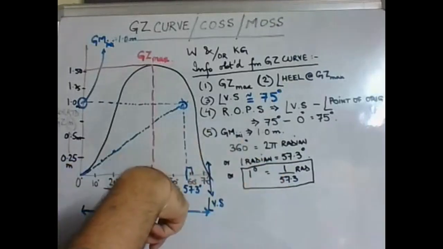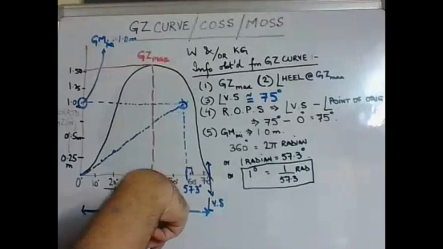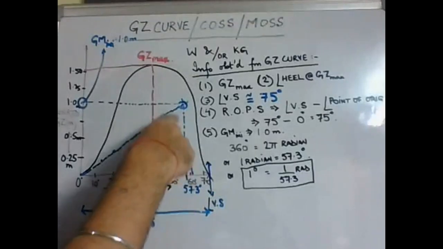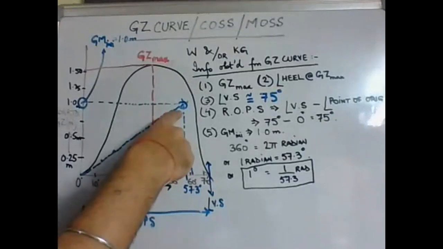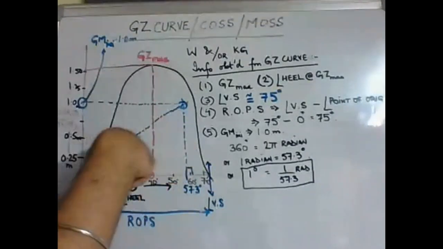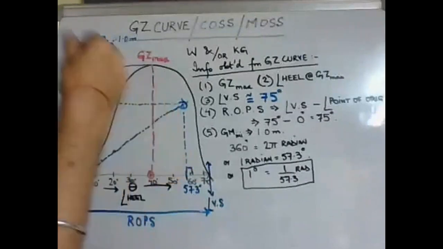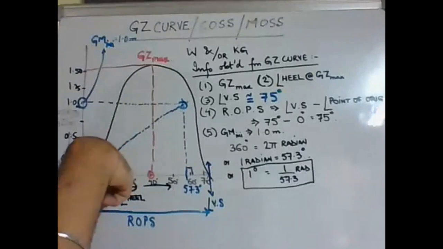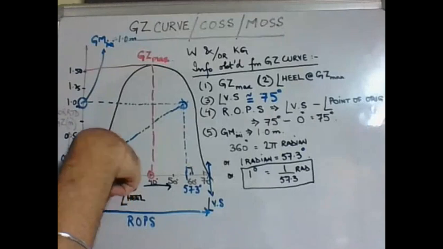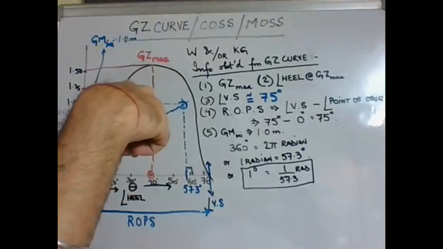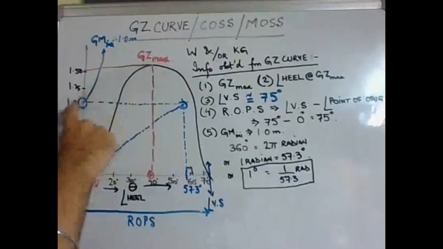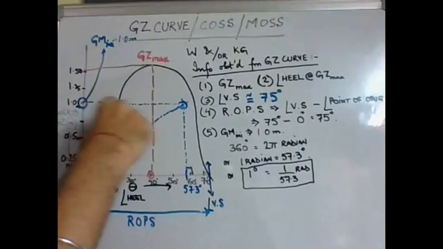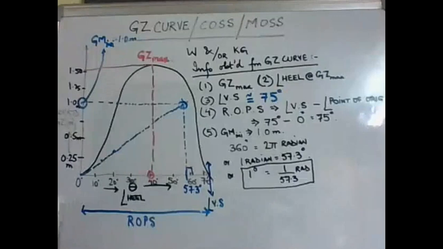So take the value of 1 radian on your x-axis, and from there you draw the perpendicular and draw the tangent to the curve. Whatever value you get on the y-axis, that will give you the approximate GM value.